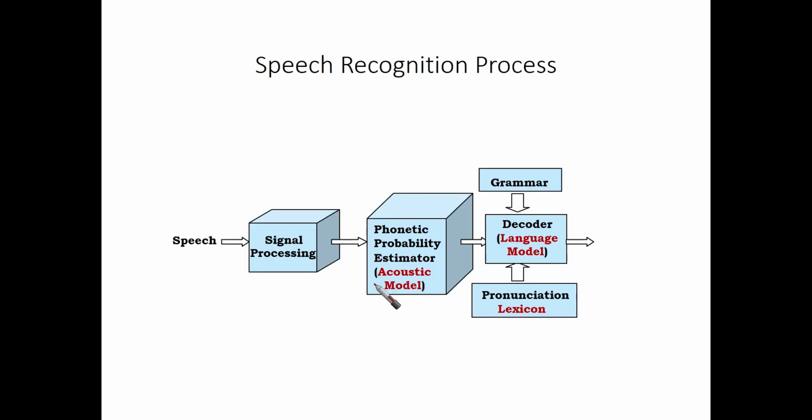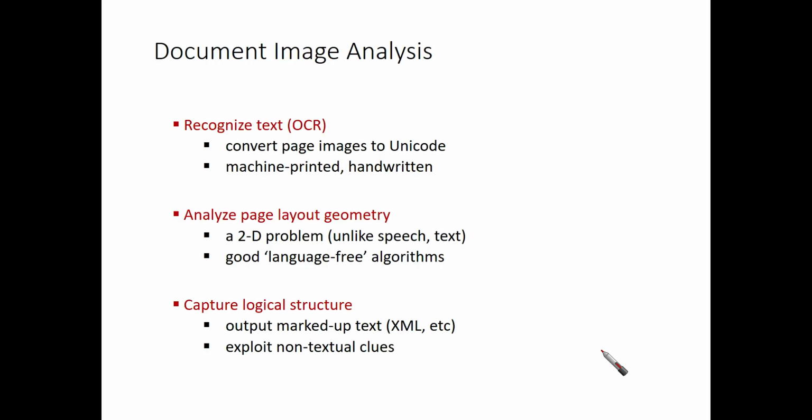Generally, this is the process: we have the speech and do some initial signal processing. The acoustic modeling is basically the phonetic probability, the lexicon modeling provides the pronunciation, then we supply the grammar, find the language modeling, and finally we recognize the speech.